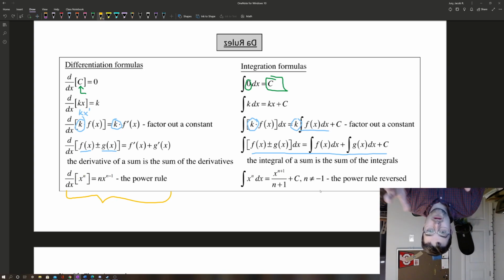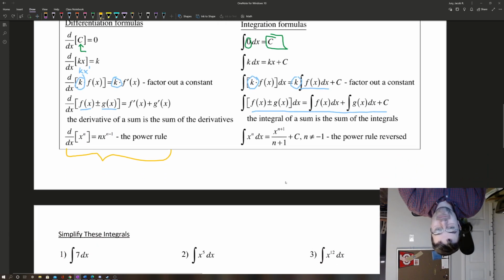If we are going to reverse the power rule, then we are going to divide by the power n plus 1, and raise our variable to the power of n plus 1. So we'll see this in practice down below.